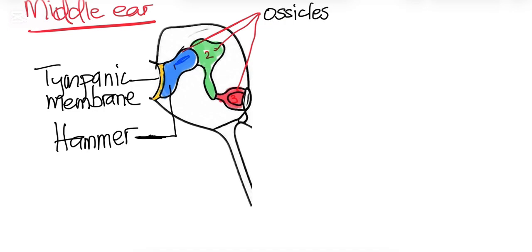Then next we have this one, the second bone, which is the anvil, right? And then the last one would be this one, which is the stirrup.